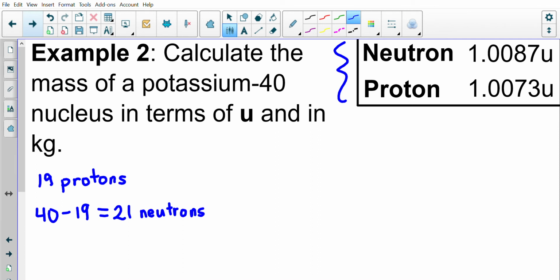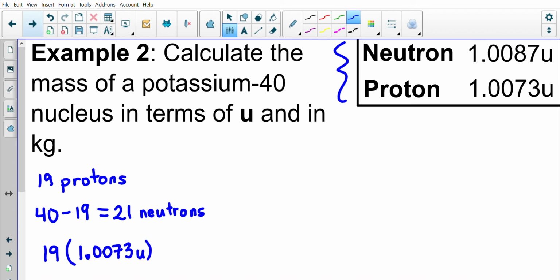So what we're going to do is 19 times the mass of a single proton, and we're not going to use the numbers off the formula sheet, okay? If they are giving you masses in the question like they are here, you need to actually use the mass given in the question.